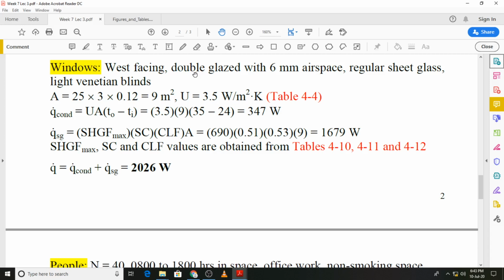It is the equation for heat transfer, that is UA delta T, where delta T is T outside minus T inside, and that will give us the conductive heat gain. So what we need to now do is to just see how we use table 4-4 to find out the U value. So I will move to table 4-4, and then return back to this solution to work out the heat gain due to solar gain, or transmission of solar radiation, through the window.